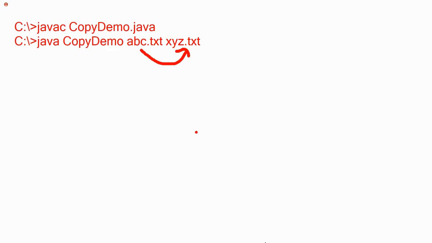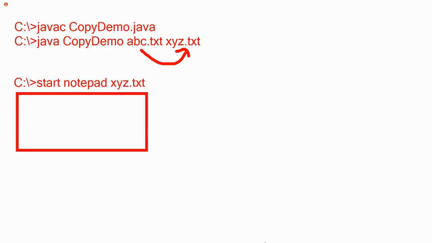Whatever is there in abc.txt, I want to copy into the xyz.txt file. This is my task. Say, if I open start notepad xyz.txt, then here notepad appears. In that notepad, abc.txt file content appears.